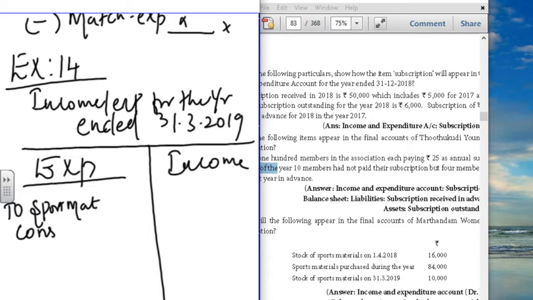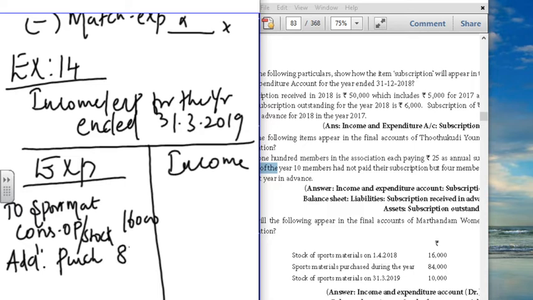So to sports material consumed, that is your opening stock, you have to write it in a full sentence. It is 16,000, and add purchases, it is 84,000. So total comes around 1 lakh.